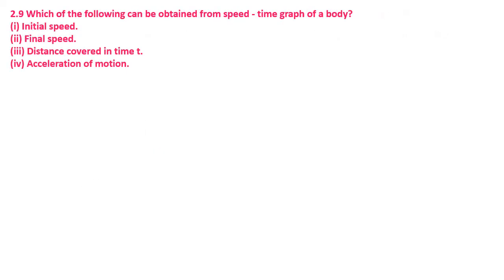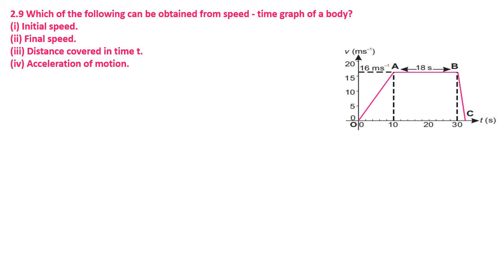The next question is, which of the following can be obtained from the speed time graph of a body? Initial speed, final speed, distance covered in time t, and acceleration of motion. This is a speed time graph. If you remember, we have done a numerical related to this graph as well.